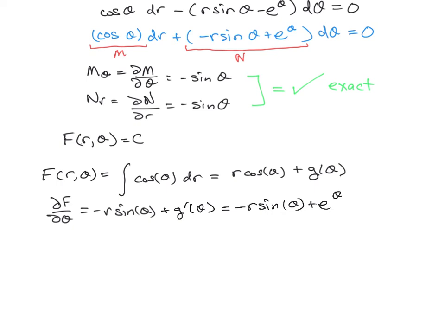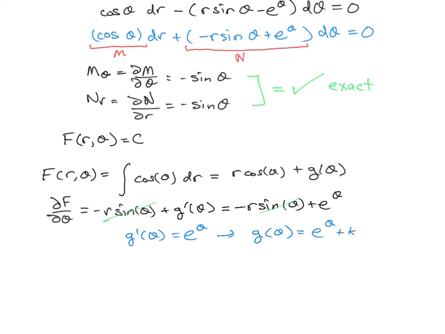And again, these cross terms are always going to match. So we can essentially cancel them out, and we get the equation g prime of theta is equal to e to the theta. A quick integration tells us that g of theta is equal to e to the theta as well, plus some constant k.